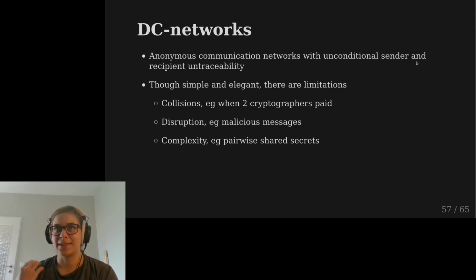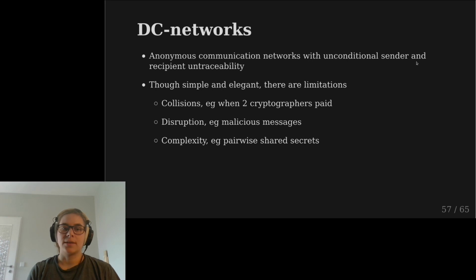So what I think is it's so simple that I could explain it to you with some Lego, and it's also elegant, super elegant, and there's still a lot of research being done around DC networks because the problem as it is solved in the story is obviously very simplified. There's no hints at what you do with the shortcomings, which is collisions, for example. What if 2 cryptographers paid?